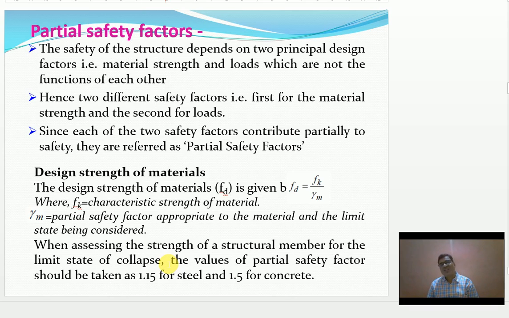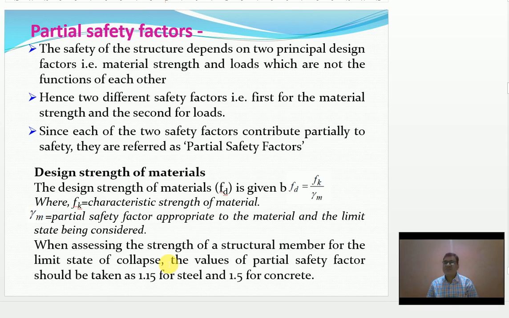Now again the question is why the partial safety factor is higher for concrete and lower for steel. Since steel is manufactured in industry, there is perfect control on the manufacturing process, so quality can be maintained, and hence the factor of safety for steel is lower.